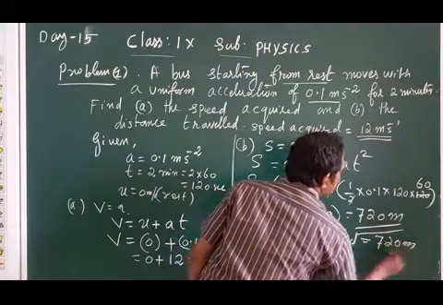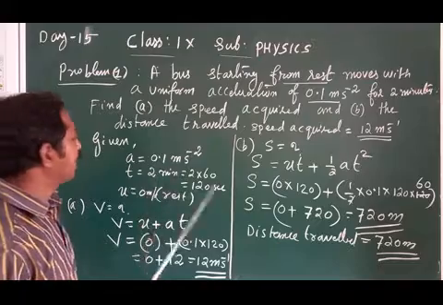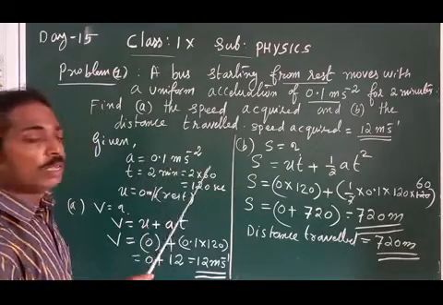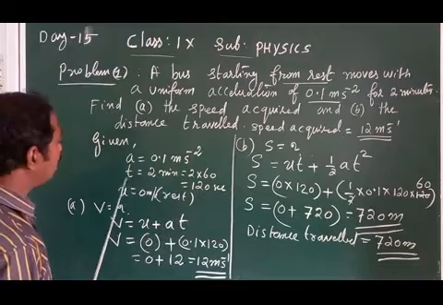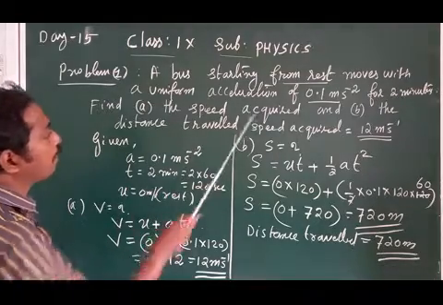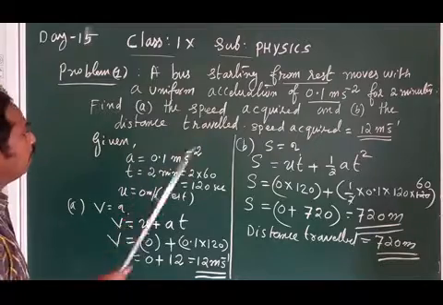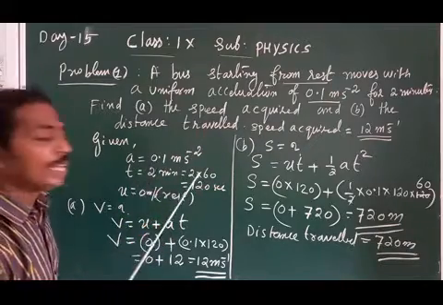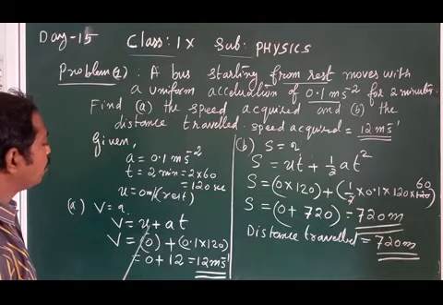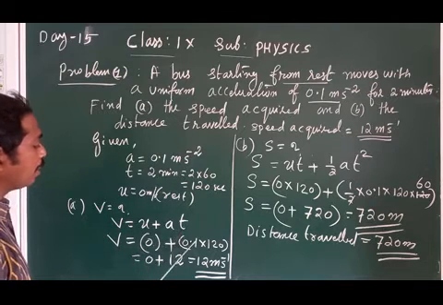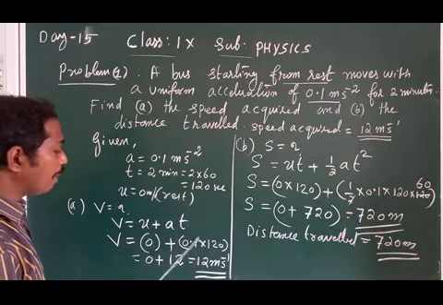This step I will tell one more time from the beginning. Acceleration 0.1 meter second raised to minus 2. Time 120 seconds. u is 0 because it starts from rest, initial velocity given. Then speed acquired is final velocity, question mark. v equal to u plus at: 0 plus 0.1 into 120. 0.1 means 1 by 10 only.